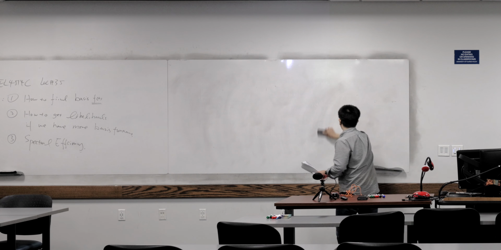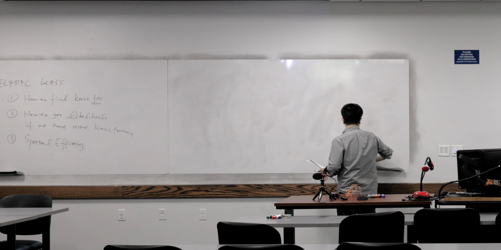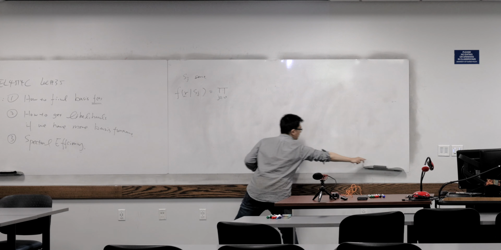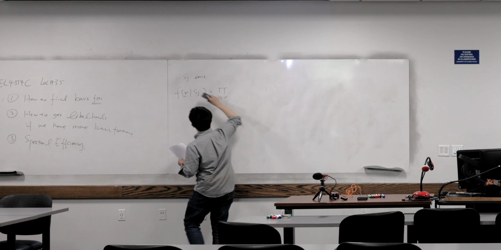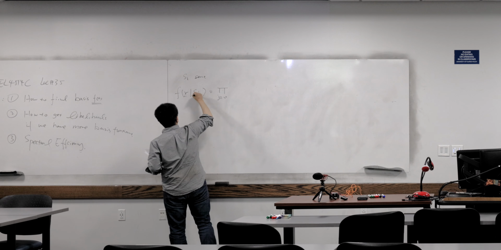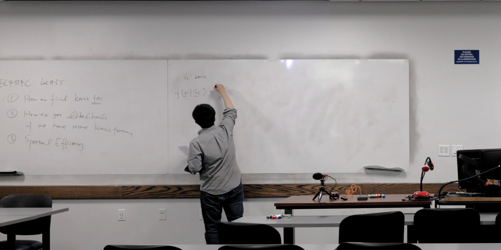So now we know all the r's are orthogonal, and so independent. Let's say given Si is sent, the joint distribution of r given Si sent is nothing but the product, because they're all independent. Here Si is a vector from 0 to n minus 1.